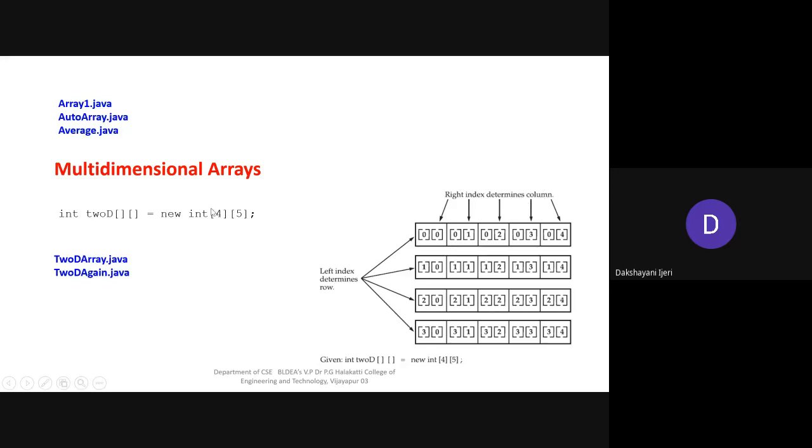So do remember that the first value represents the number of rows you are going to take, and the second value represents the number of columns in the case of a two-dimensional array. So how is it going to be accessed, as in the earlier case where we used the single-dimensional array?